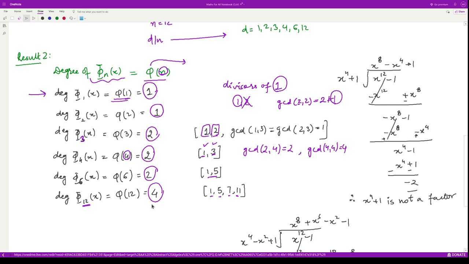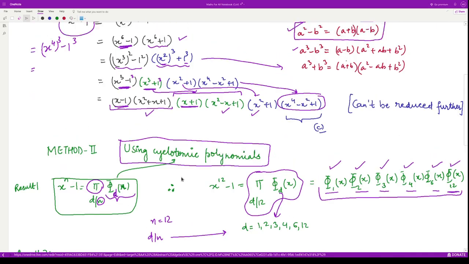And the rest of the numbers, that is 2, 3, 4, 6, 8, 9 and 12, all have GCD with 12 which is not equal to 1. So these numbers are not taken. So from here you see that every polynomial phi 1, phi 2, phi 3, phi 4, phi 6 has either degree 1 or degree 2, and phi 12 has degree 4.